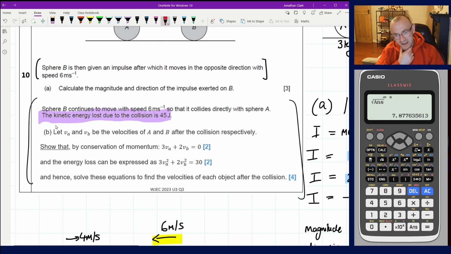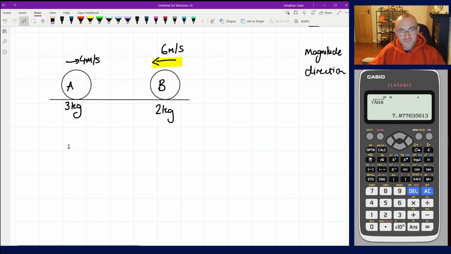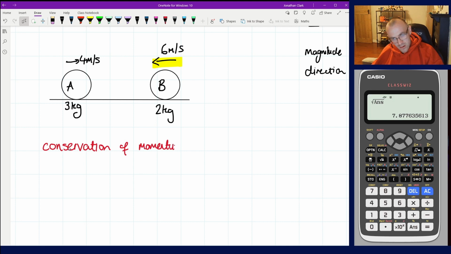So this is like two simultaneous equations, but we have to derive them. We have to figure out where they come from. So the momentum formula, conservation of momentum, is the momentum before a collision is equal to the momentum after a collision.